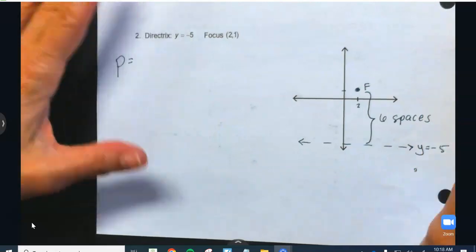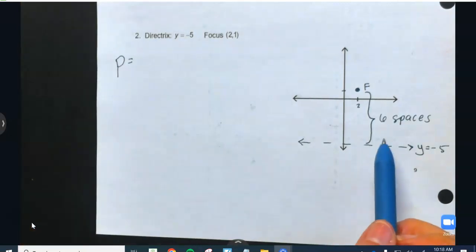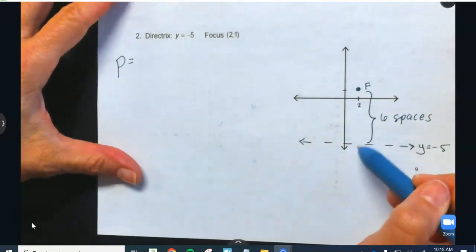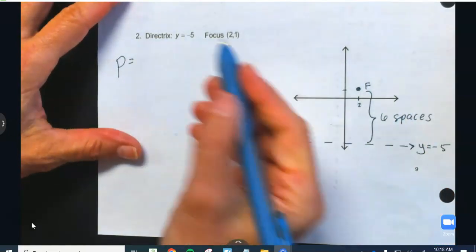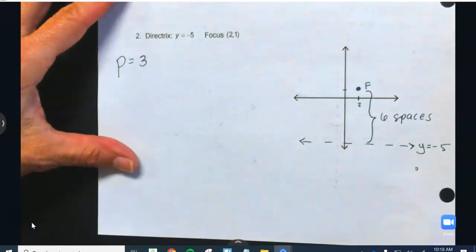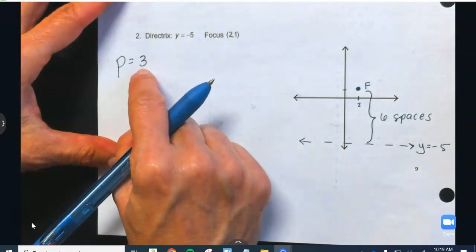What's your p-value? It's 3. Remember, your vertex is missing here. So right in between the focus and the directrix is the vertex. The p-value is going to be a 3. Should I leave that 3 positive, or is that going to be negative?